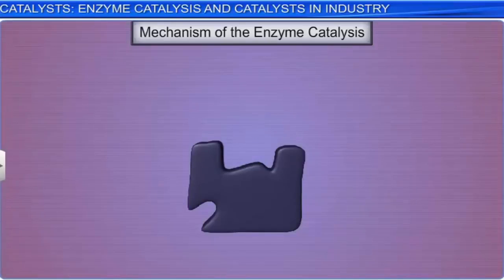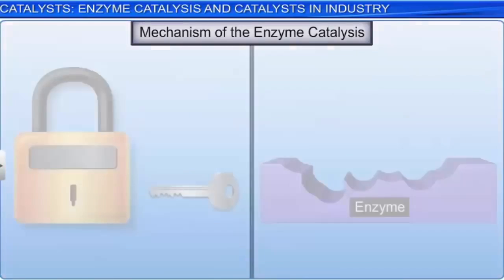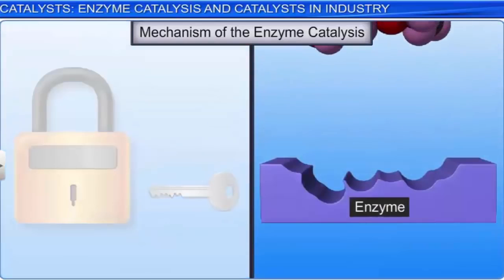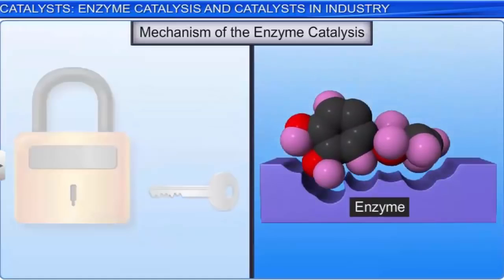Just as only a particular key can fit into a specific lock, only a specific substrate can fit into a particular enzyme. Hence, the mechanism is known as the lock and key mechanism.